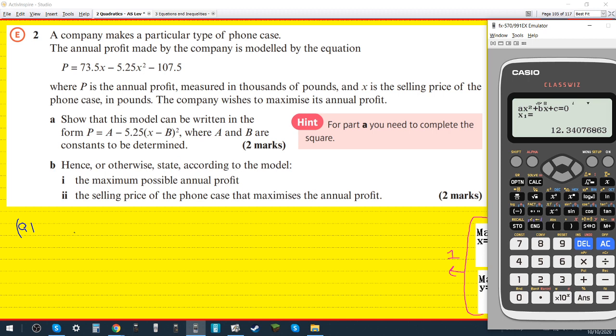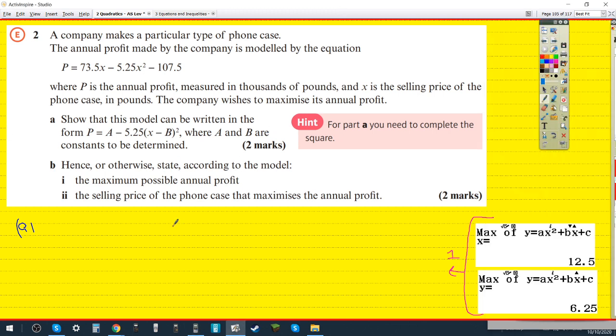Was it 12.3 and 1.659? Yeah, 12.34, 1.66. Okay. What do we do with those? Should we times them by 1,000 and keep them as they are right now? We'll just keep them. Okay. Do we put them into the completing the square equation? How would you put them in?